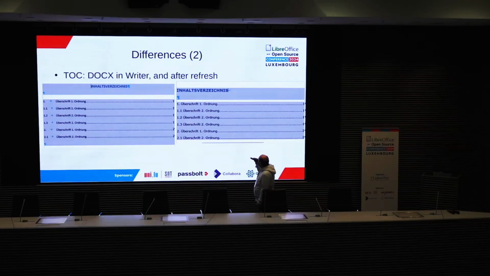After a bit of updating, it's not exactly like that, but the direction is somewhat good. The tabs are missing, and the alignment is left instead of centered, but it's a kind of good result when opening the docx file and trying to use it in current 24.8 Writer. So that's what we have.